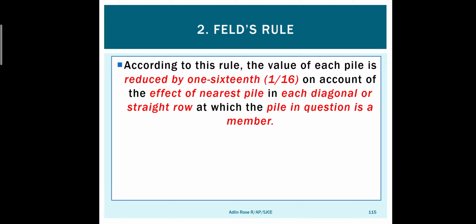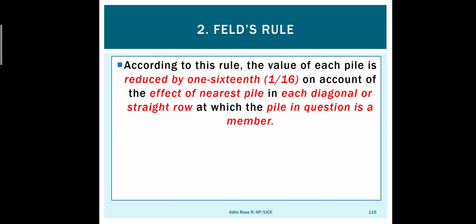But when it is 5 piles, how will you arrange a 5 pile group? 4 piles at the corners, and in the center you can put another pile. But if it is a 3 pile group, how will you arrange it? We arrange the piles in a triangular pattern.